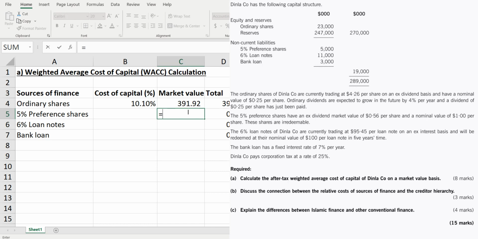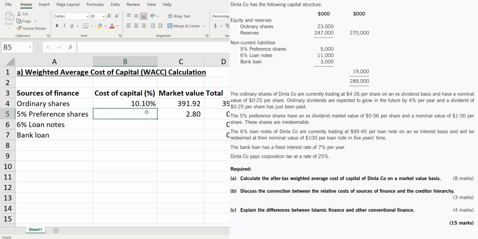Preference shares is 5 million, so take 5 in common and divide it by nominal value, which is $1. Even though this result is same as 5, we have to show the working, otherwise we will not get the mark, and we multiply it by market price, which is 0.56.